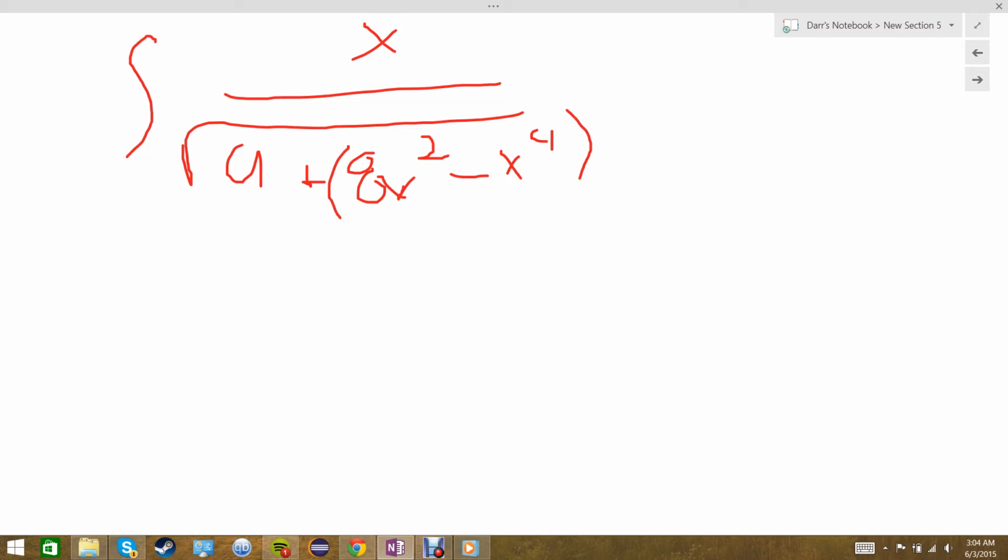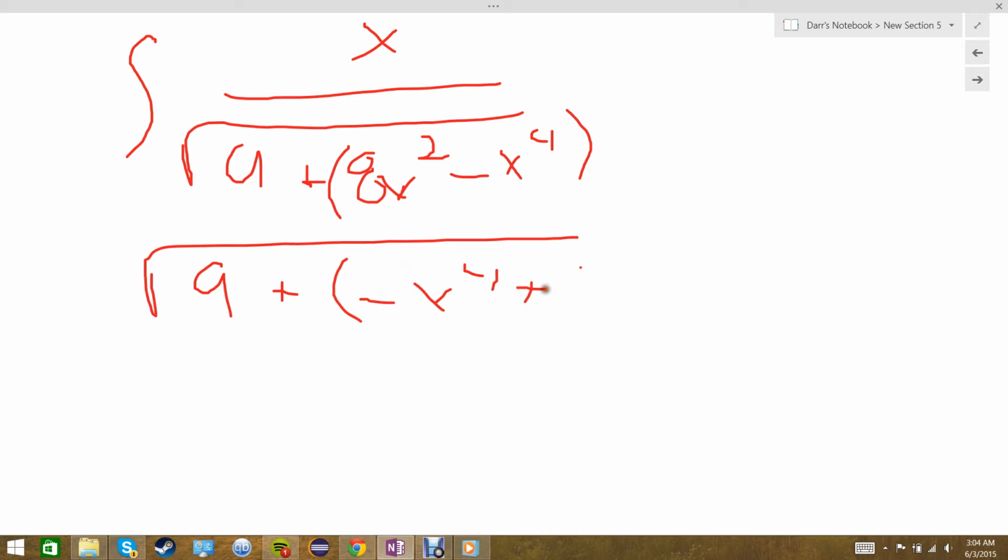So what you can do is you'll get radical 9 plus 8, let's put it in order of degree, negative x to the 4th plus 8x squared, and when you complete the square, you're going to add 16, and then subtract 16 on the outside.